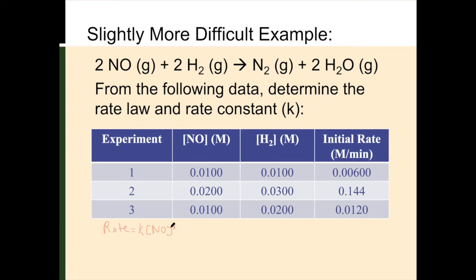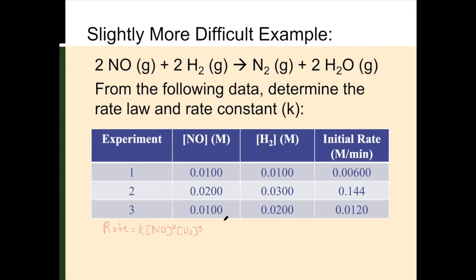We'll just call the exponent for the nitrogen monoxide X, and for the hydrogen Y. Okay, so in general, I know the rate law has this form. And my job really is to determine what the value of X is and what the value of Y is. So the way we do that, I'm going to do it in 2 different ways.